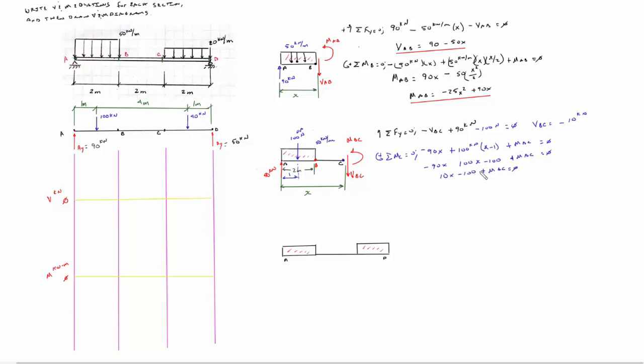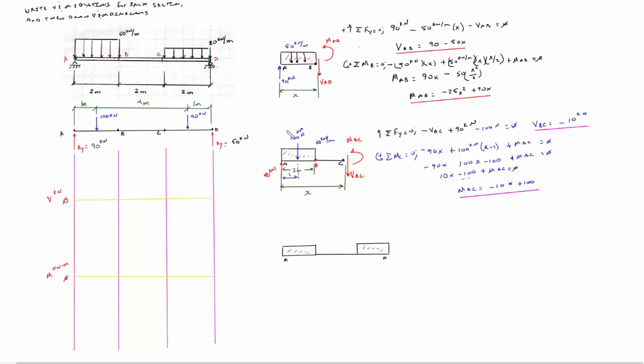So now if I take this piece over to the other side, I get MBC is equal to negative 10x plus 100. So now I have my shear and my moment equation from B to C.